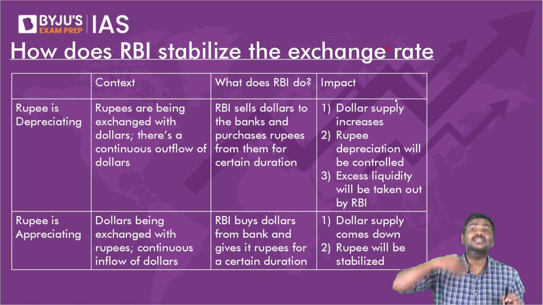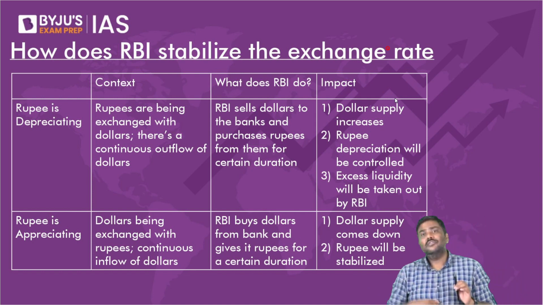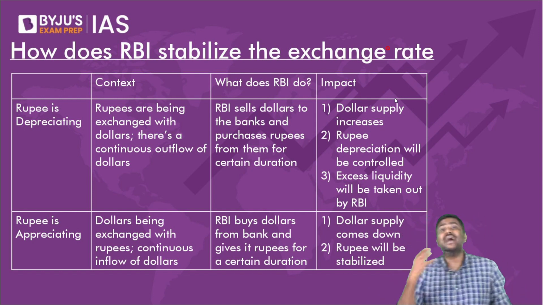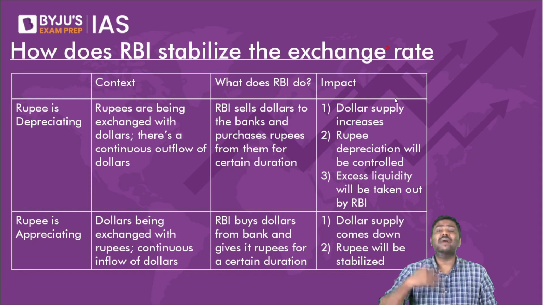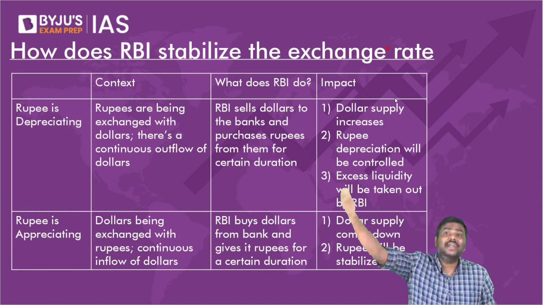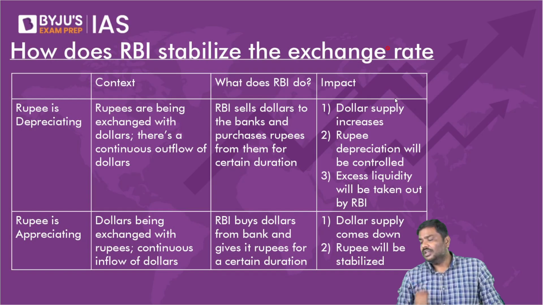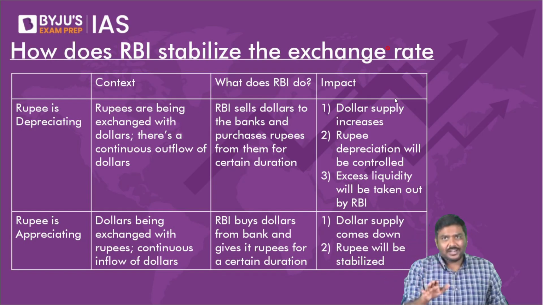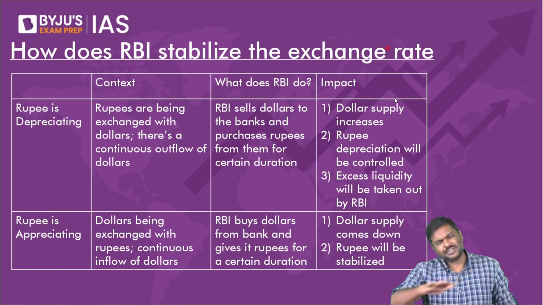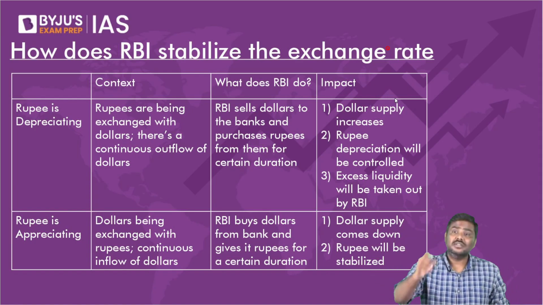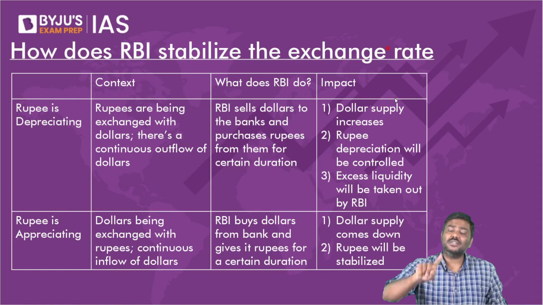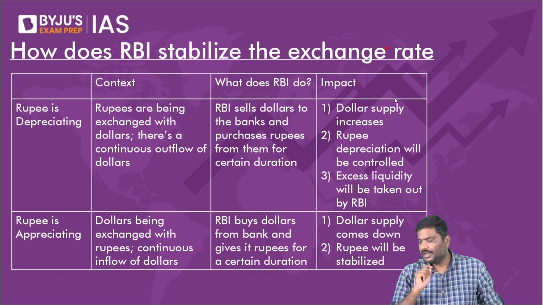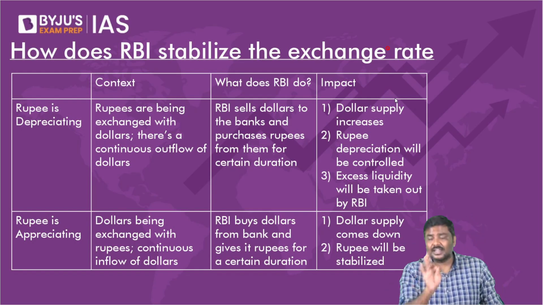We follow a type of floating which is called managed floating. We follow a methodology called managed floating exchange rate, a managed market-determined exchange rate. Now, what is this idea of managed floating? Most of the time, we allow supply and demand for the currencies to determine the exchange rate.